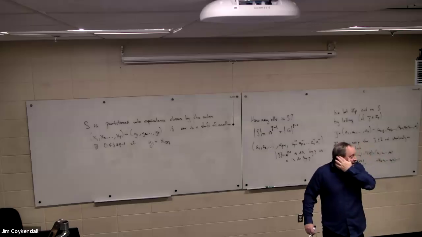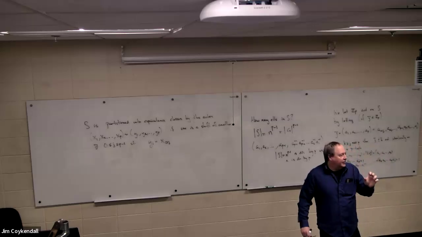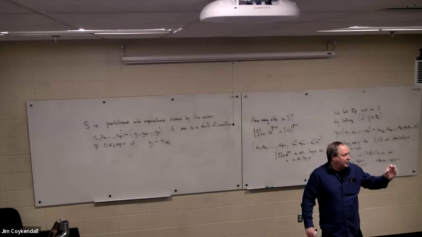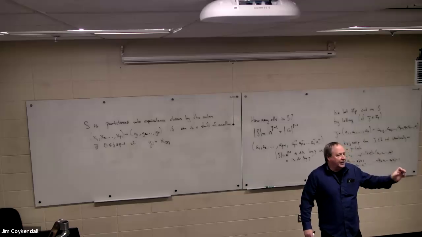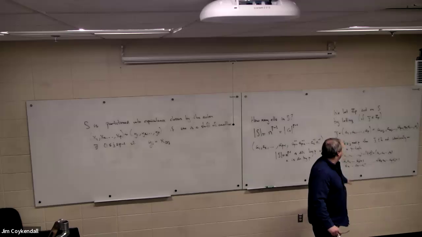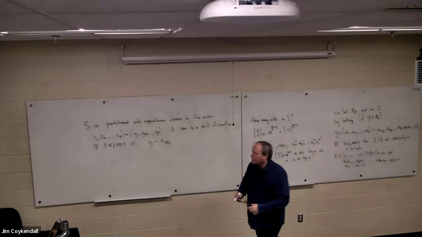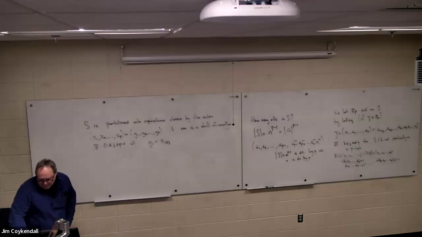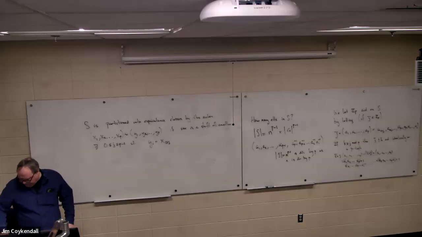And if you shift this sequence to this one by stepping it up I, and this sequence to this one by stepping it up J, then to get from the original to the end point, you just shift by I plus J. So it's an equivalence relation, and it partitions S into a set of equivalence classes.